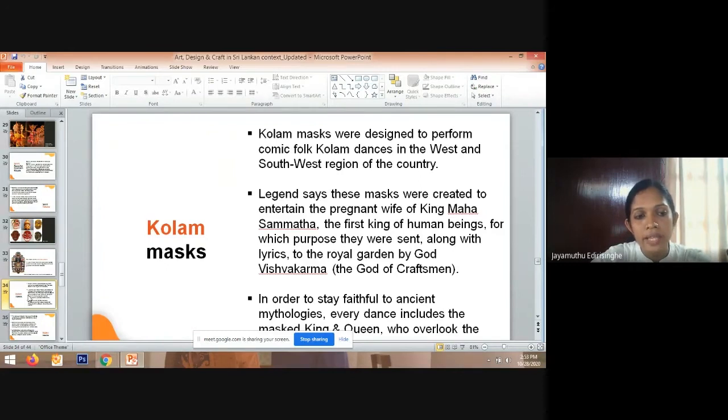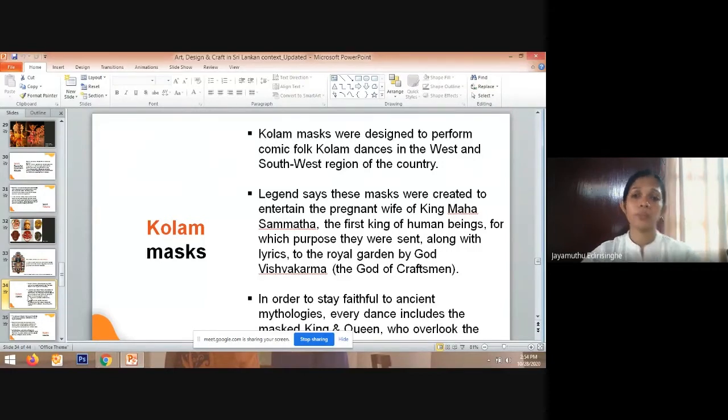Right, and then other than the Sanni masks, we have Kolam masks. That is a bit different from the previous masks, and there are different stories related to the Kolam mask. There is a legend that there was a king called Mahasammata, who is considered the very first king here.